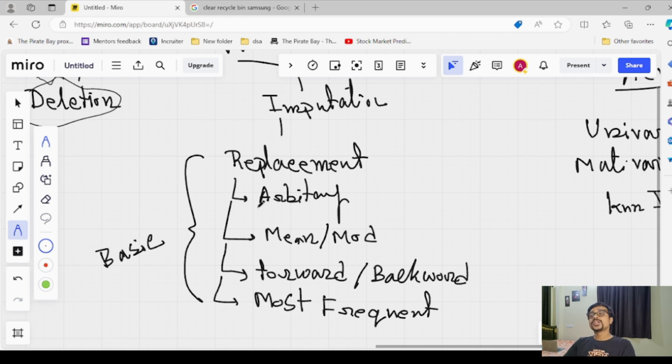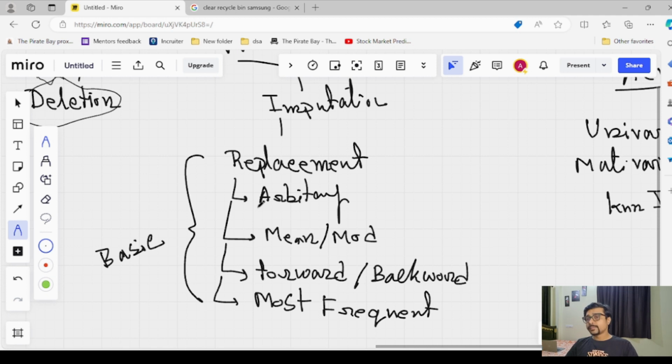For advanced imputation techniques, I'll be taking some more time because those need more statistical understanding. Some of the imputation you actually do using machine learning methods. So before going there, you first need to understand those machine learning models. So let's get into what we have in our hand, the basic imputation methods.